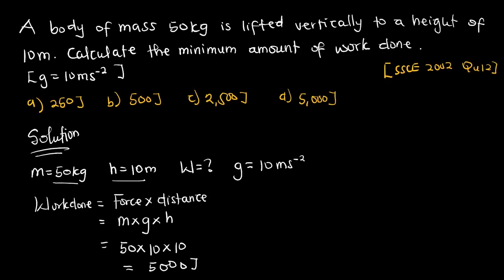So it's 5000 joules. My final answer, or my work done, is equal to 5000 joules. If I look through my possible options, option D is the correct answer for this particular question.